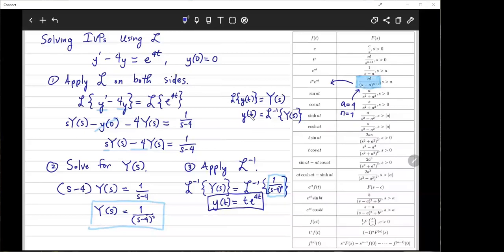Okay. Now, I started with a simple example, but usually for equations of higher order, you would need to decompose a rational expression into its partial fractions. So if you notice dito, meron tayong rational function dito.